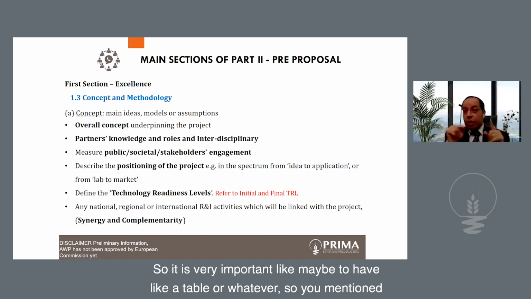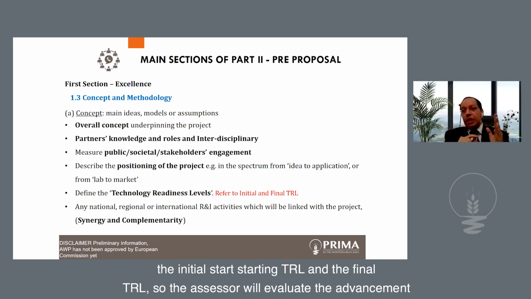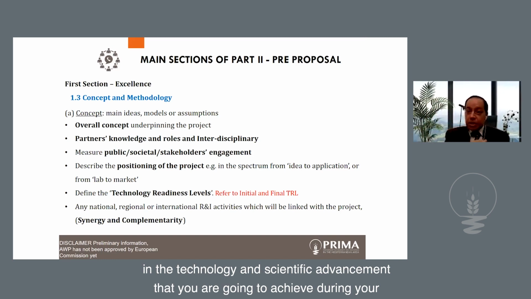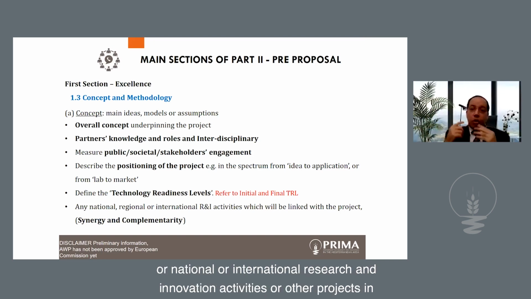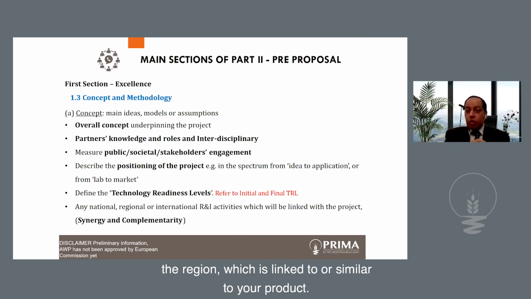So it is very important to maybe have a table or similar, where you mention the initial starting TRL and the final TRL. So the assessor will evaluate the technological and scientific advancement that you are going to achieve during your project. Also, it is very important to create synergies and show complementarity with other regional, national or international research and innovation activities or other projects in the region which are linked or similar to your project.